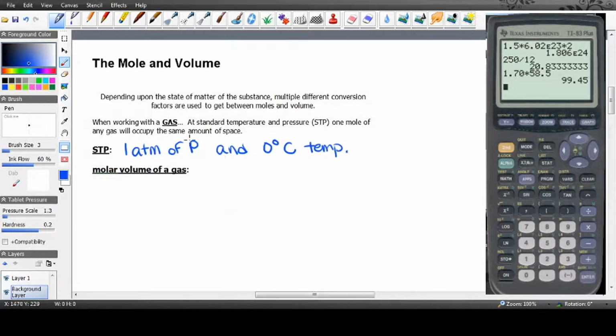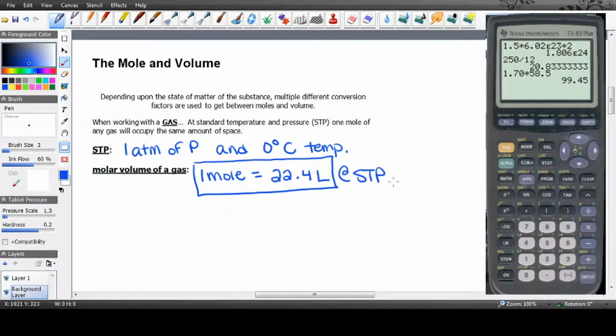Okay, these are our standard conditions. Under these conditions, 1 mole of any gas will take up 22.4 liters of space. This is what we call molar volume. But again, this is only true, you guys, at standard temperature and pressure.